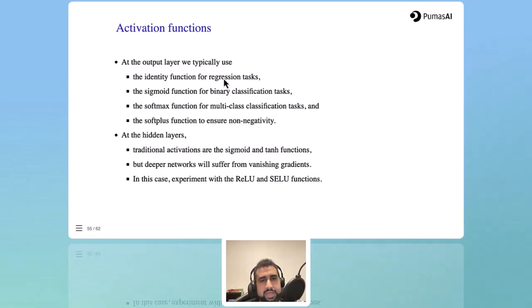Now, there are many choices for activation functions, as we discussed before. For the output layer, we can use the identity function, which is just f of x equals x. So it's like not having an activation function at all; the input is passed directly as the output. That's common for certain regression tasks where the output is expected to be unconstrained, so it can be negative or positive, with no restriction.